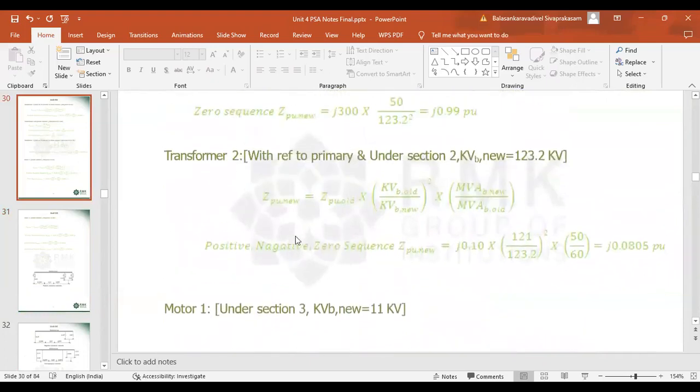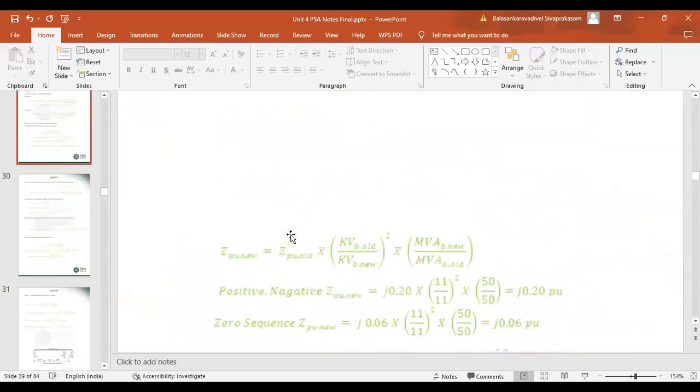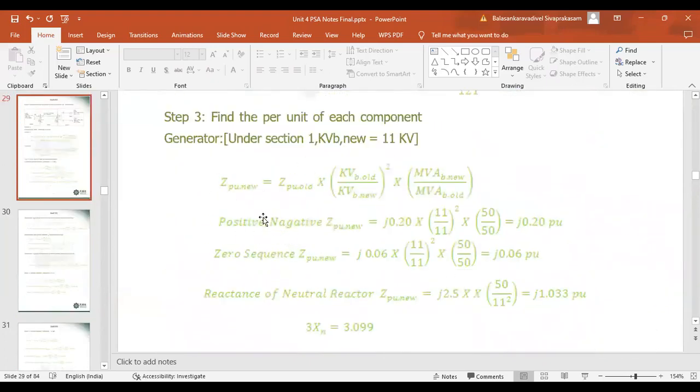So for this generator, we can calculate the value of positive and negative sequence reactance, that is Z per unit new, equal to Z per unit old into (kVb old by kVb new) the whole square into MVAB new divided by MVAB old. For this generator, Z per unit is given as 20%.